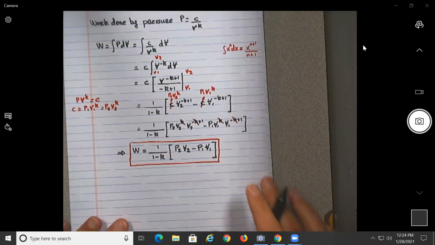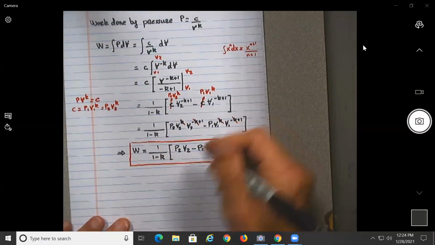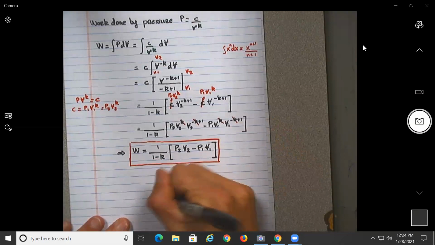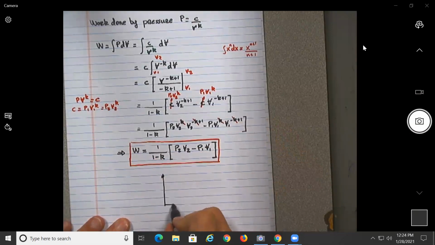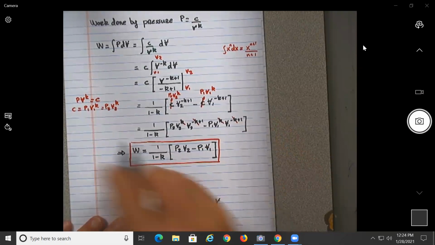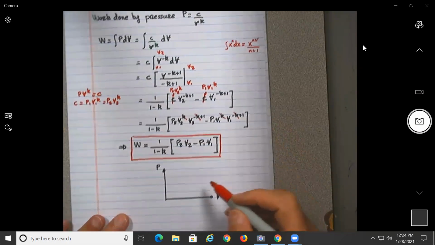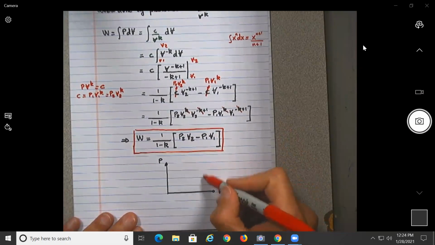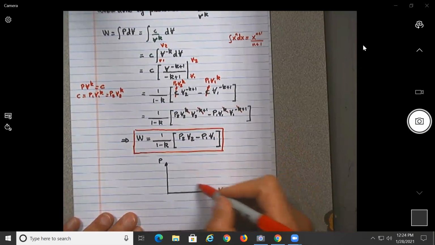Okay, and this is the last thing I'm going to do today. If I needed to plot this, so basically this would be PV. Okay, polytropic, the line can either be concave or convex.